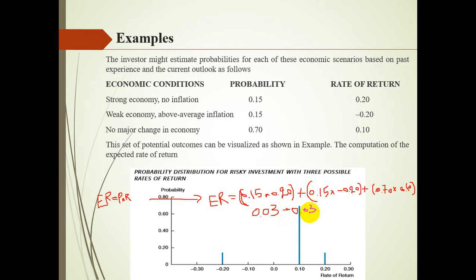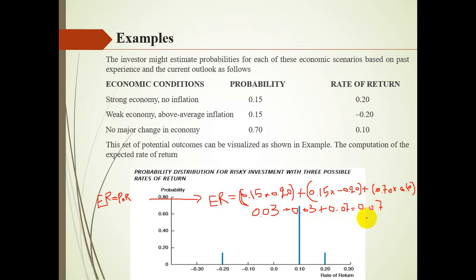If you calculate the last one, 0.70 multiplied by 0.10 is equal to 0.07.